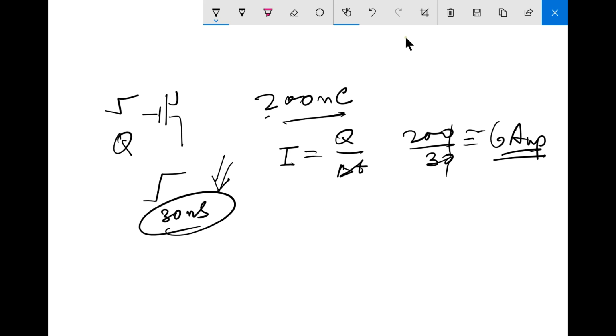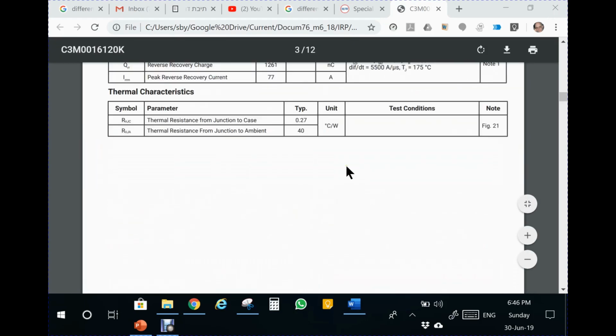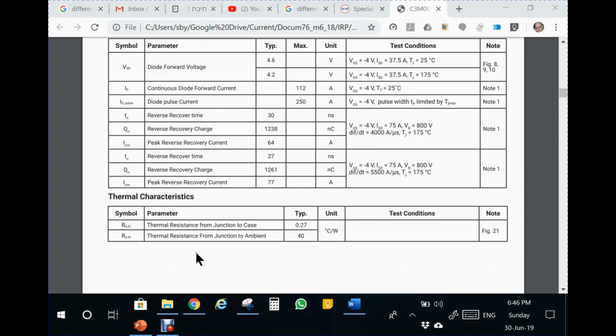Okay, so let's go back now to the datasheet and see other relevant parameters. Here is the thermal resistance from junction to case. It's 0.27, but again, one has to bear in mind that there is an addition of thermal resistance between the case and the heatsink, because the case itself is the drain, which is high voltage.